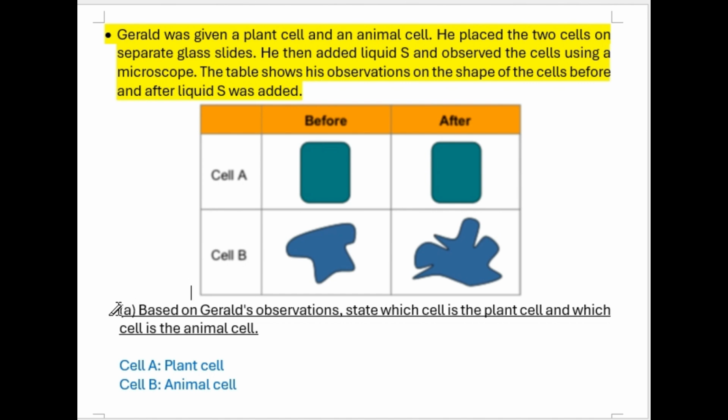A. Based on Gerald's observations, state which cell is the plant cell and which cell is the animal cell. Cell A, plant cell. Cell B, animal cell.